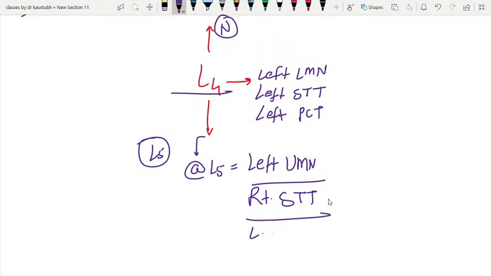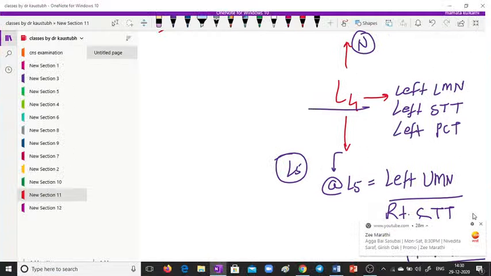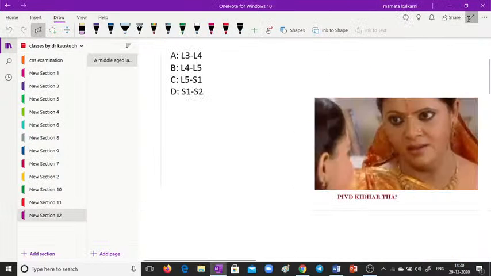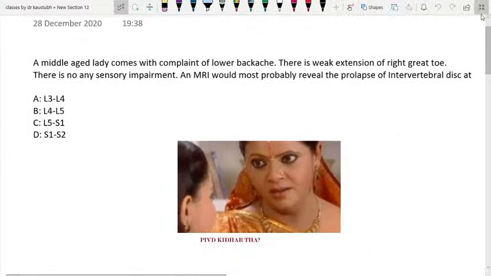And again left-sided PCT, posterior column tract. This is what we need to understand, and integrating all of these concepts is what you need to do. Let's try to do 2 MCQs and everything will be sorted. I hope I have made everything easy.